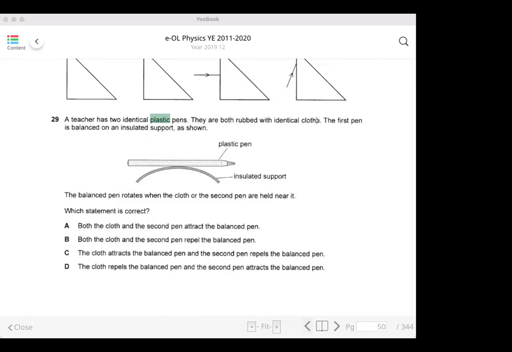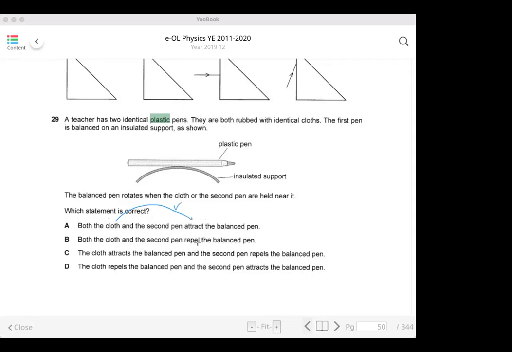Is that clear? Okay, so you cannot say that both attract. Okay, both the cloth and the second pen attract. You cannot say that both the cloth and the second pen repel. Okay, so cloth attracts the pen is okay. It's okay to say that.